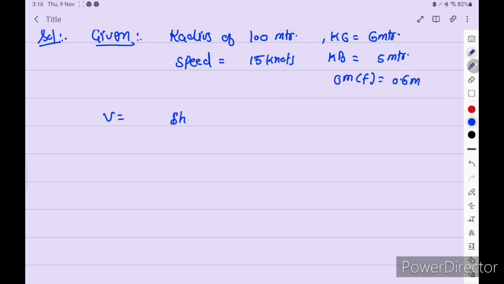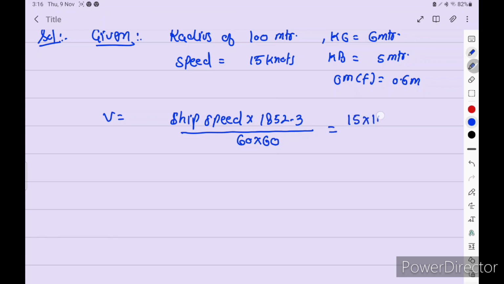First we have to convert the speed into meter per second. So ship speed into 1852.3 divided by 60 into 60. Therefore 15 into 1852.3 divided by 60 into 60 is equal to 7.718 meter per second.